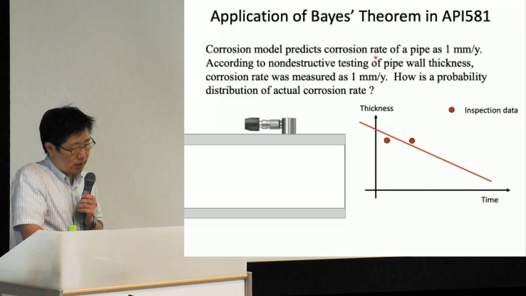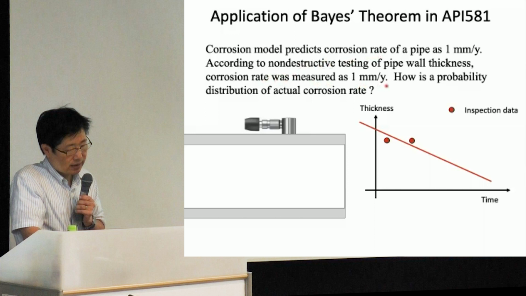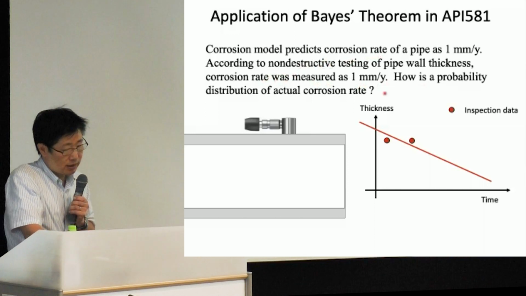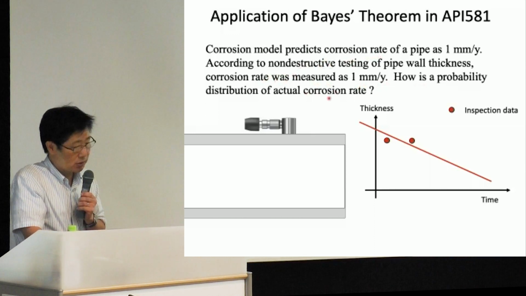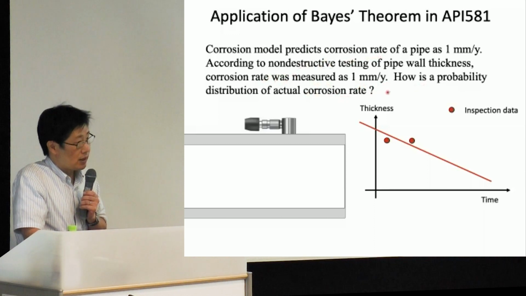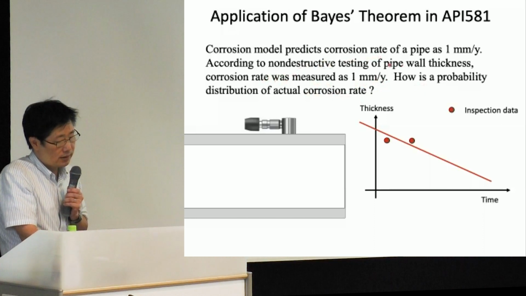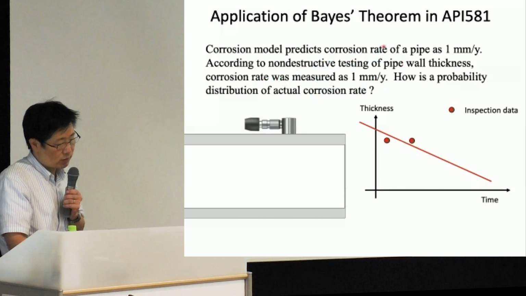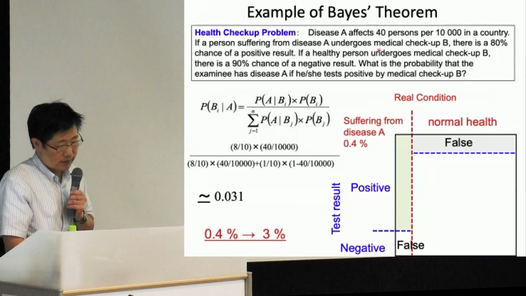And in this situation, we apply non-destructive testing, and we got the measurement data that the corrosion rate is 1 millimeter per year. In this case, what is the probability distribution of the actual corrosion rate? This answer can be obtained by applying Bayes' theorem in the same way as in the health check.